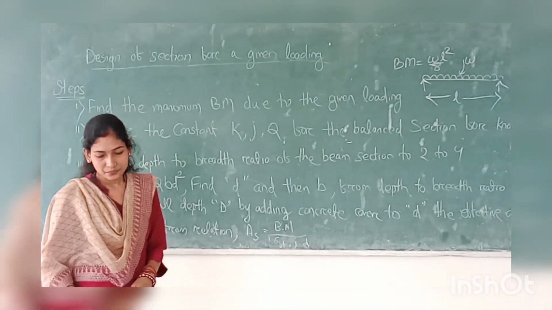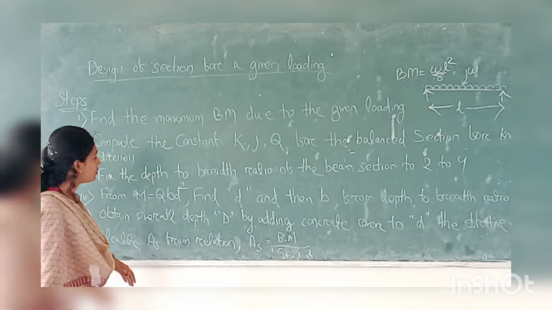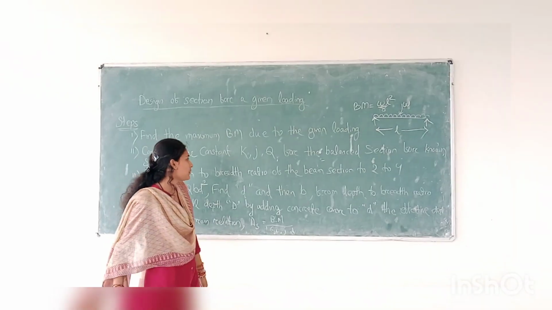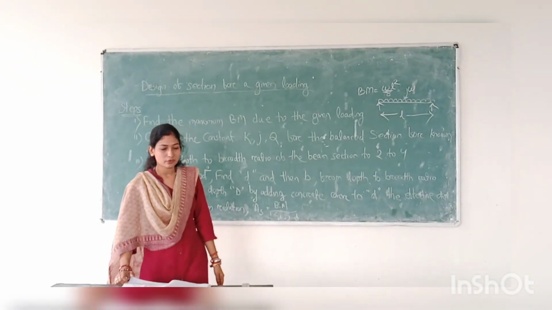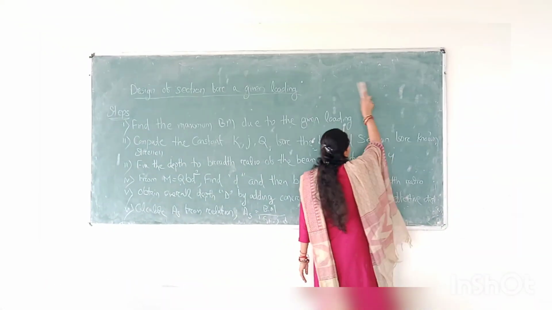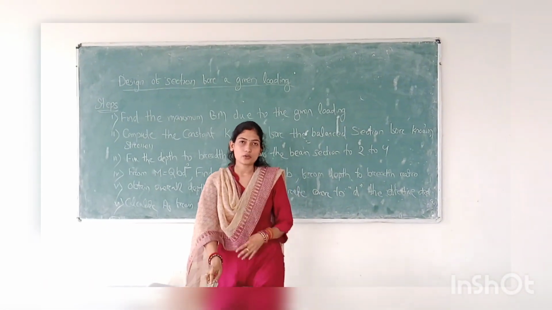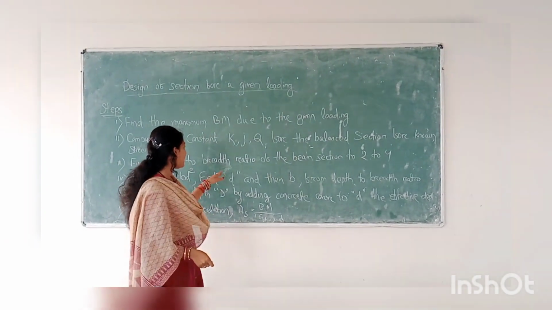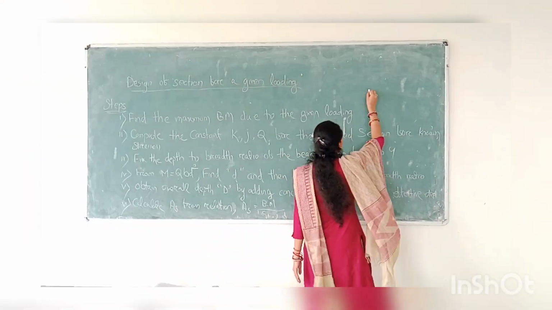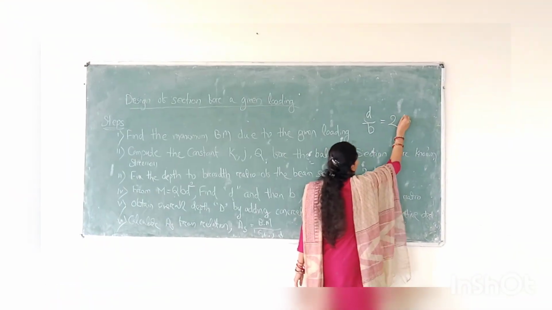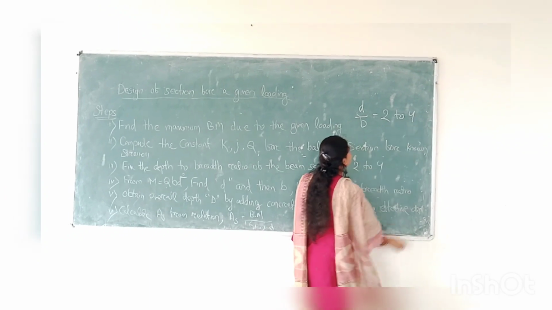So now in the third step, fix the depth to breadth ratio of the beam section to 2 to 4. If depth and breadth are not given in the question, then we have to assume the depth to breadth ratio, that is the D by B ratio, between 2 and 4.